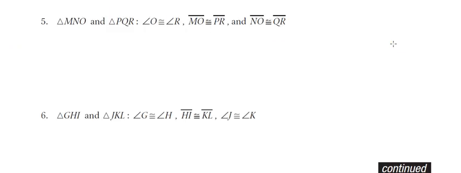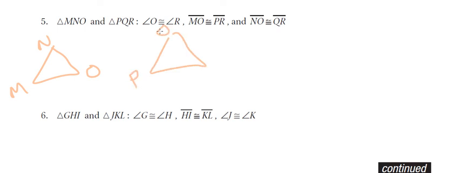Number 5, again, we're going to draw these out. So that's M, N, O, and P, Q, R. So that's going to tell me that O is the same as R, and that MO is the same as PR, and NO is the same as QR.